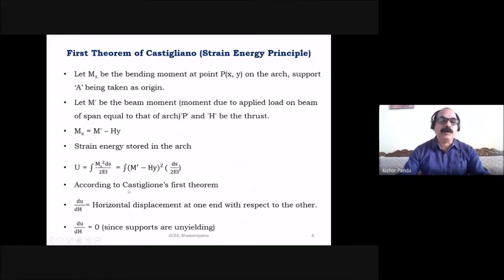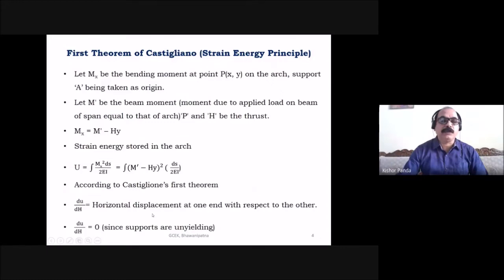But according to Castigliano's first theorem, differentiation of strain energy with respect to a force gives the displacement along the direction of the force. Here, dU by dH is the horizontal displacement at one end with respect to the other end.